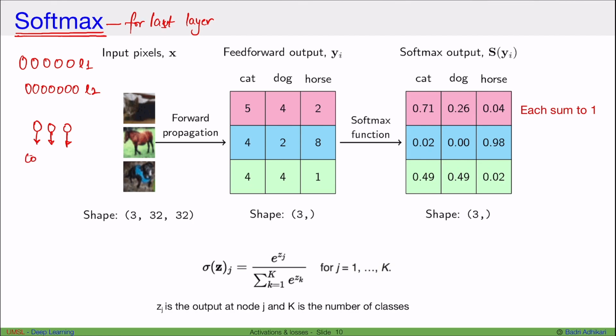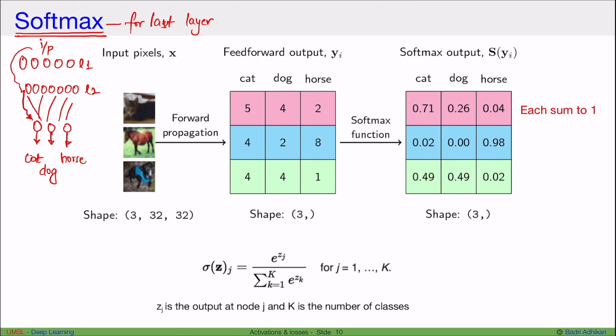Let's say the first one is the probability of cat, the second one is the probability of dog, and the last one is the probability of horse. So we have our input here, and the input flows through the network, and essentially at the end these 3 neurons predict whether the output is a cat, dog, or a horse.